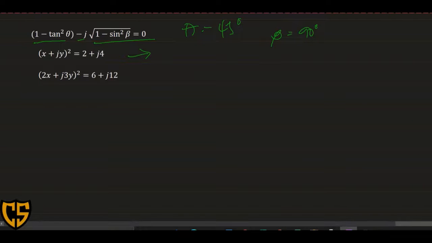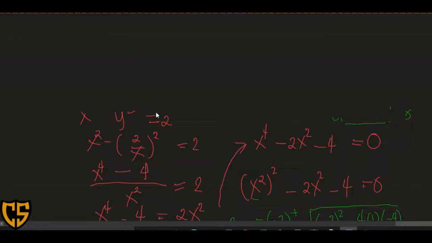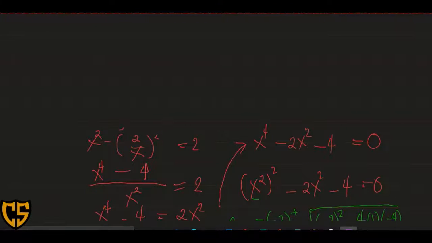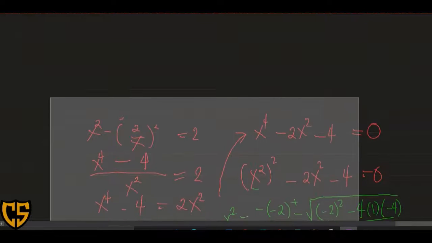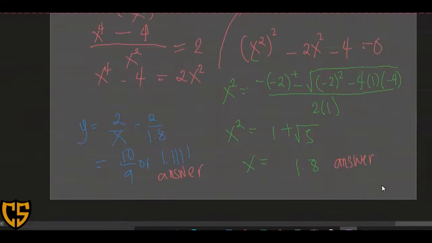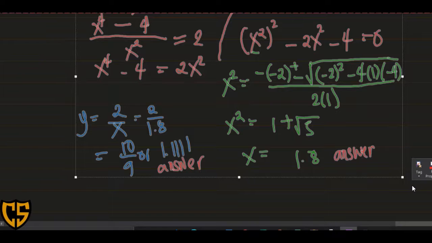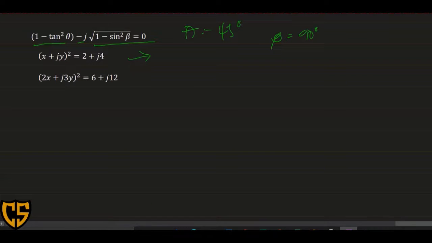So we have, okay. So our x is equal to 1.8 and our y is equal to 1.111. So we have value of our x is equal to 1.8, y is equal to 1.111.